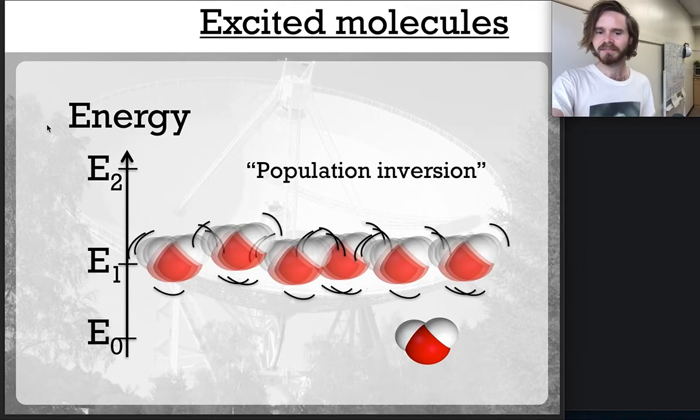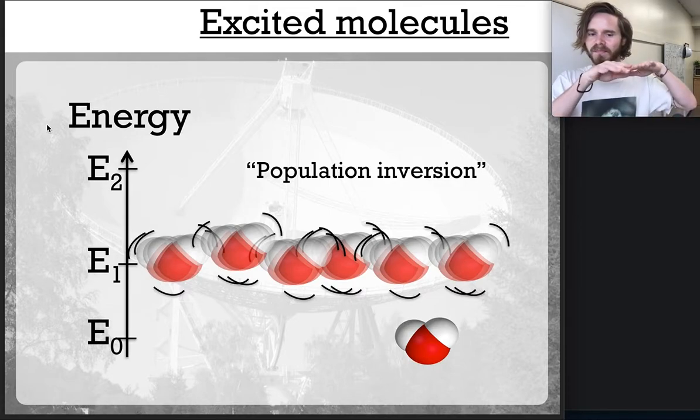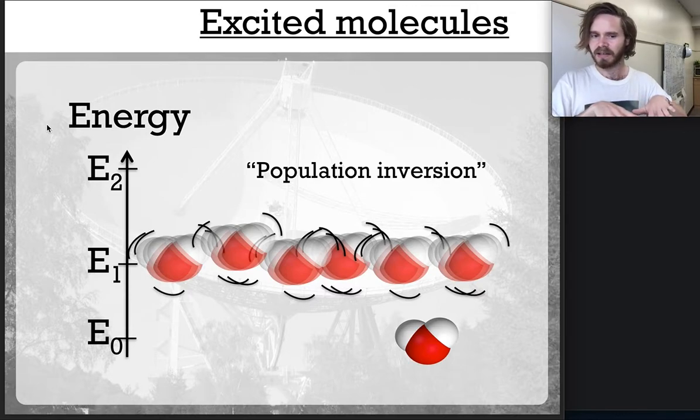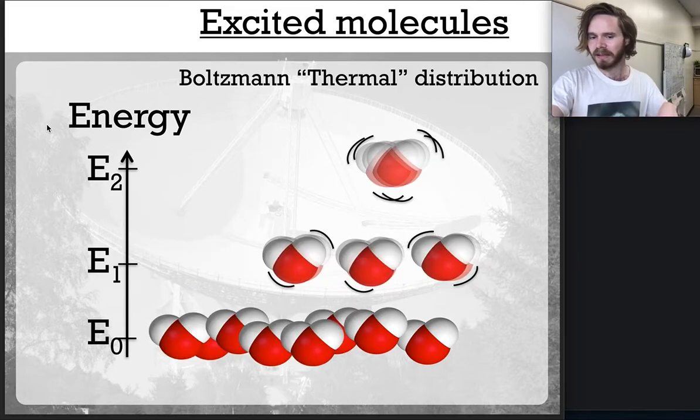So then population inversion is where, for some reason, you have more molecules in one of the higher energy states rather than one of the lower energy states. This is why it's called inversion, right? Because you typically expect to have more at the bottom and fewer at the top, like this.